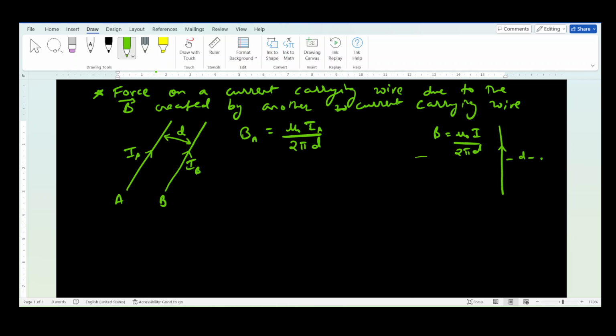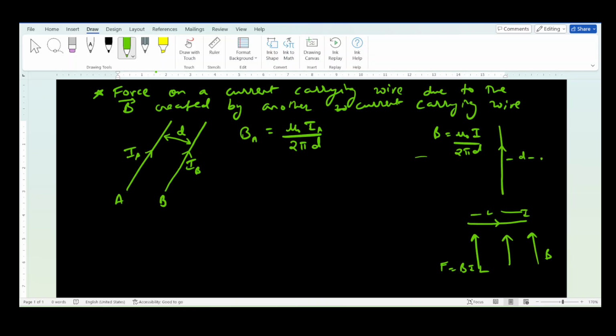For that reason, let us consider the following. If you have a magnetic field in this direction and a wire in this direction carrying current I of length L, then the force the wire will experience is BIL, considering that the wire is perpendicular to the magnetic field.